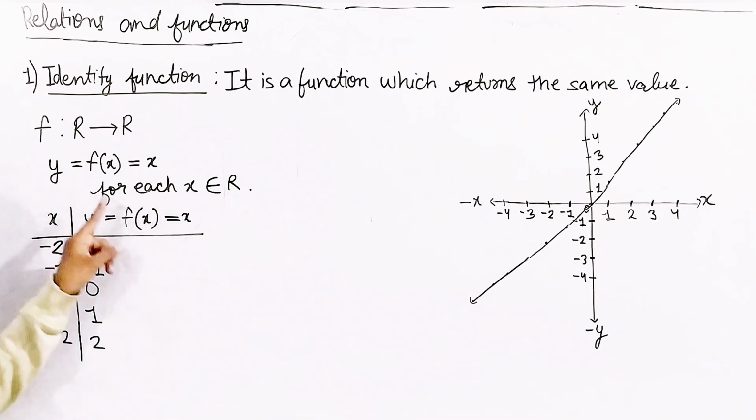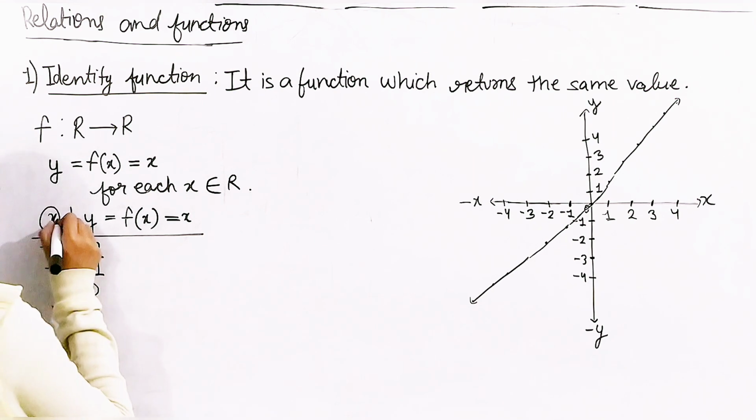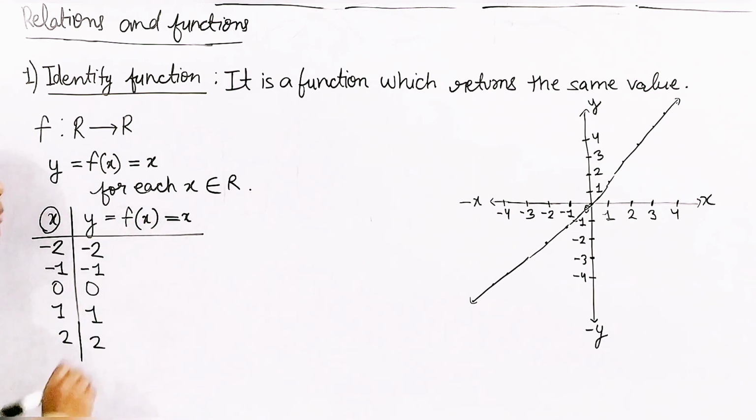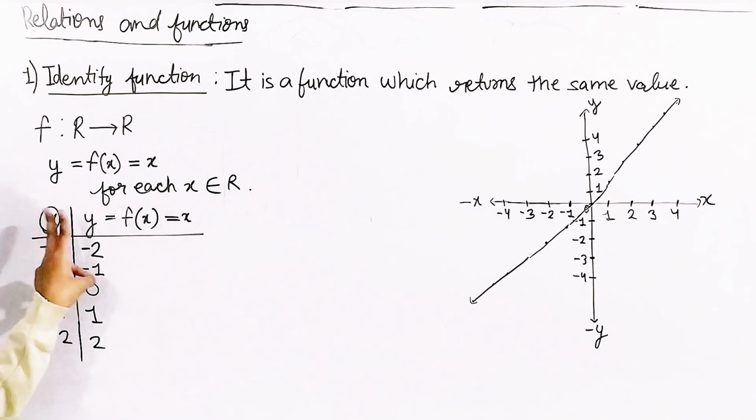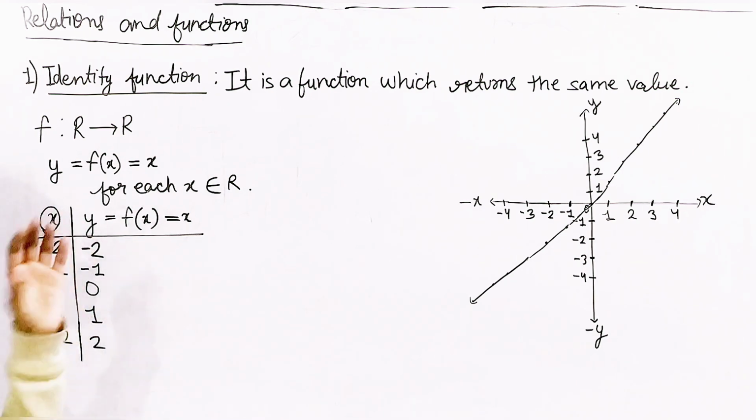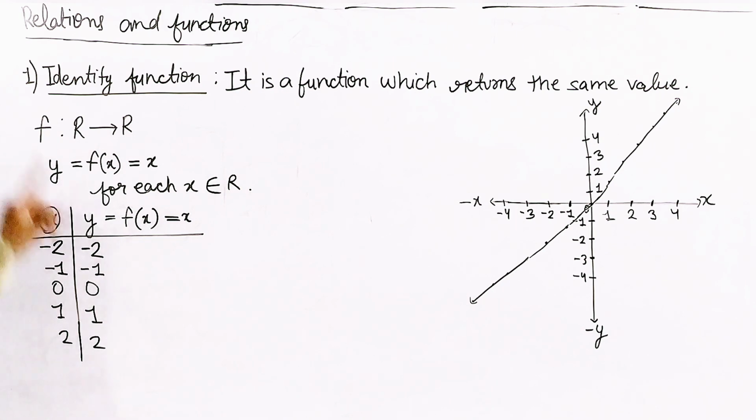It's going to give the same value, as the input is, I will say, the input will be equal to the output. This is what it means, the same value. So it's talking about both the input and output having the same values through the identity function.